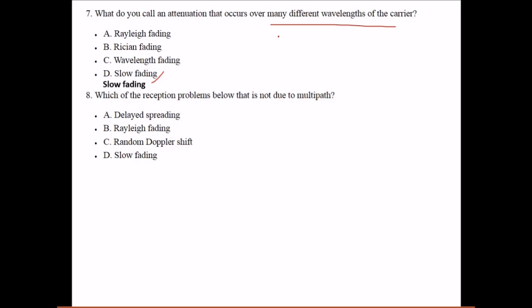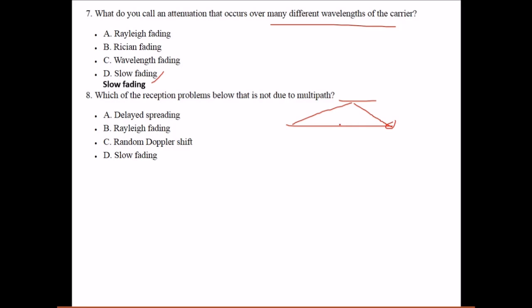Which of the reception problems below is not due to multipath? Multipath: a signal is coming directly and a signal is coming from being refracted or reflected from some other man-made object or any other object which is able to reflect these waves.